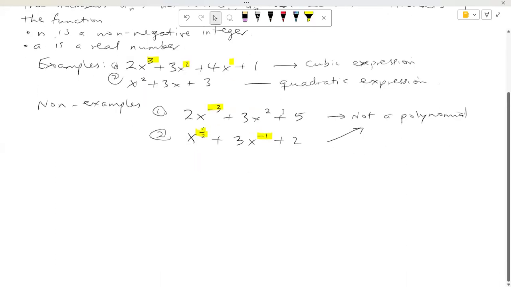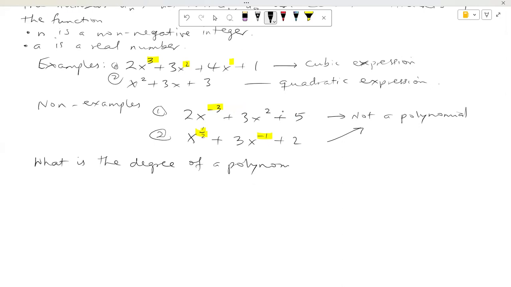Now let's talk about something known as the degree of a polynomial. So what is a degree? The degree of a polynomial is simply the highest exponent of that polynomial, right?